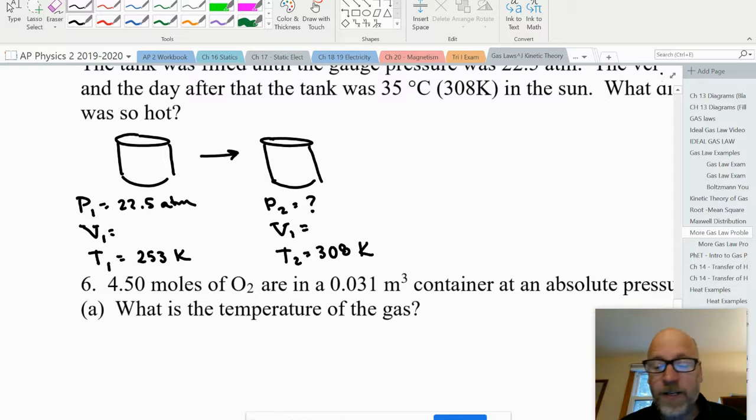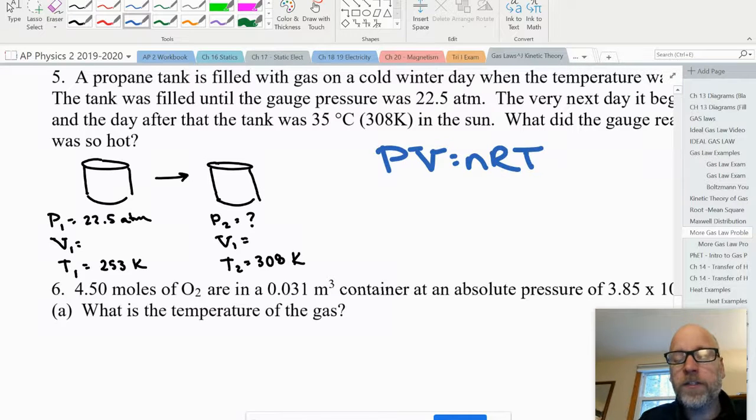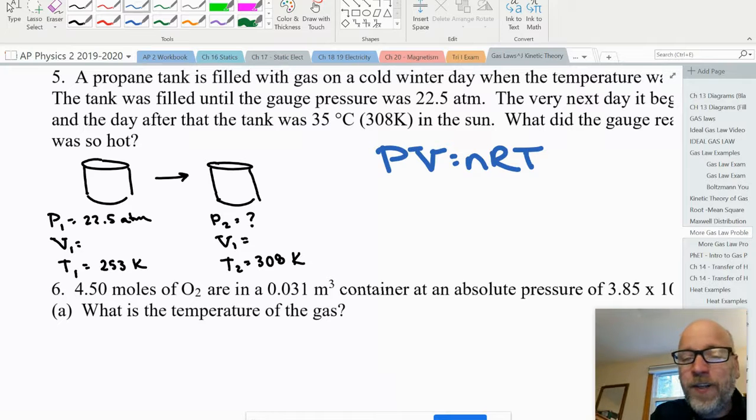Now, as I started this problem, I was trying to think about how am I going to incorporate PV equals nRT into this problem with the information that's given. And then I realized that I don't need to. I can say P1V1 over T1 equals nR.